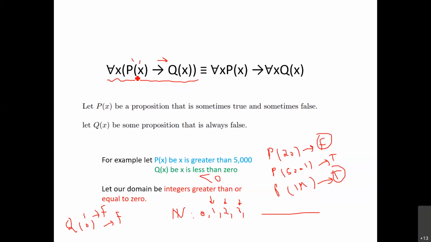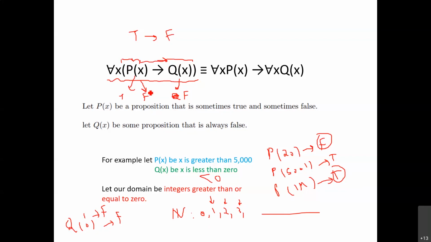So in a little bit more detail, since p can sometimes be true and sometimes can be false, and q is always false. Remember, implication is only false if we have true implies false. So we're asking ourselves, for every x, is this whole thing true?